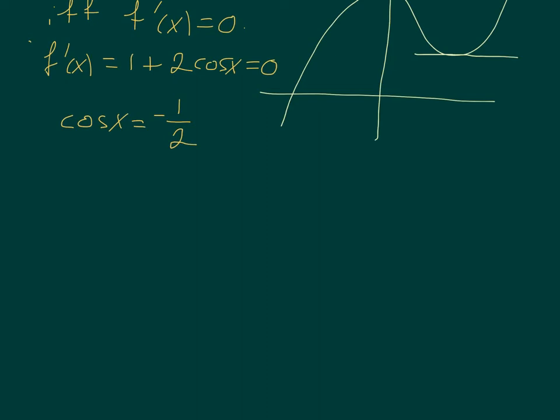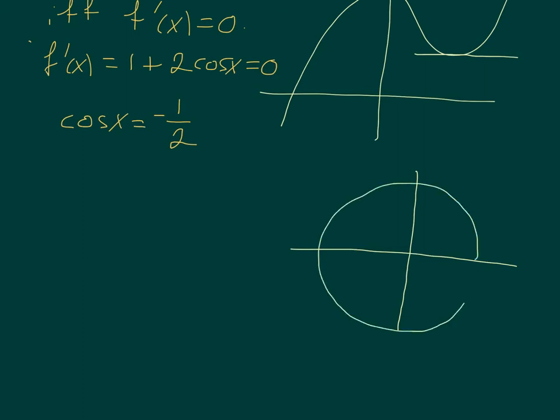All right, well, that means that what we're looking for are those places on the unit circle where the x-coordinate is equal to minus 1/2. All right, so here's 1, our unit circle, and we're wondering when is this x-coordinate equal to minus 1/2.